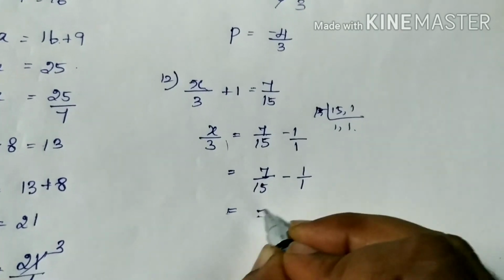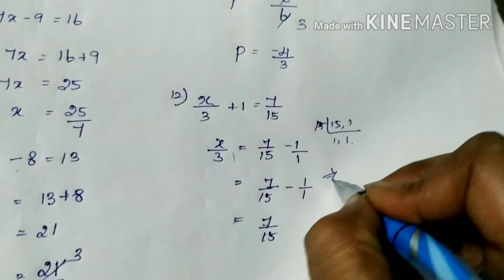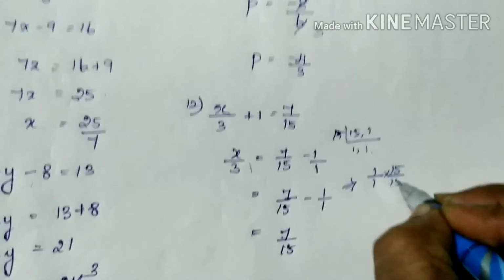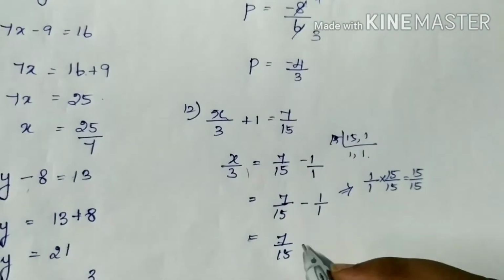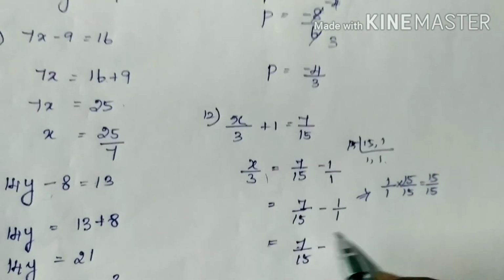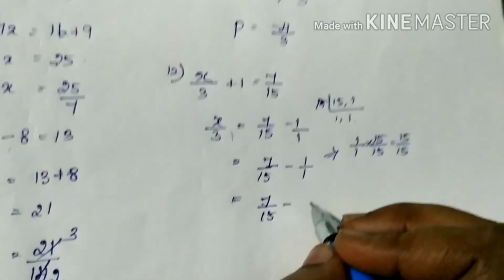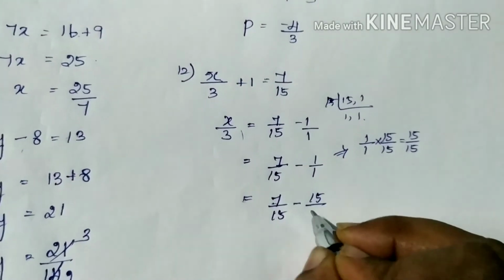So 7 by 15 and 1 by 1, I am multiplying this 1 by 1 by 15 by 15. So 15 by 15. Why do I multiply now? I have to bring the LCM answer 15 as the denominator. So for both denominators I also need 15.